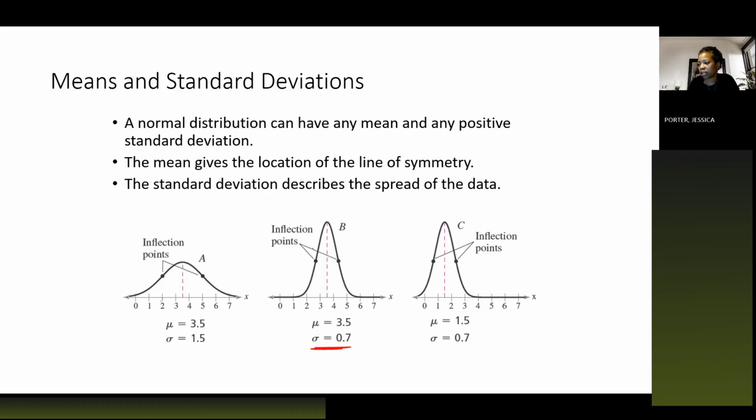And now my graph has shifted over to the left with 1.5 being the mean, but my standard deviation, how spread out my data is, is the same as graph B, 0.7. But we're emanating out from 1.5 as opposed to emanating out from 3.5.